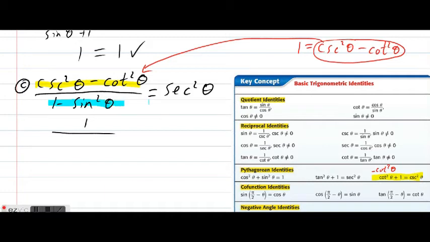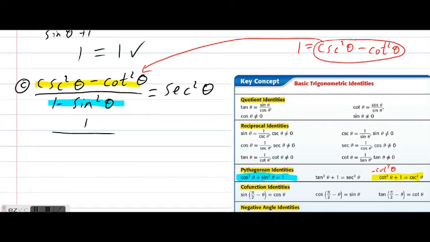Now I'm looking at 1 minus sine squared of theta. Can I do something there?